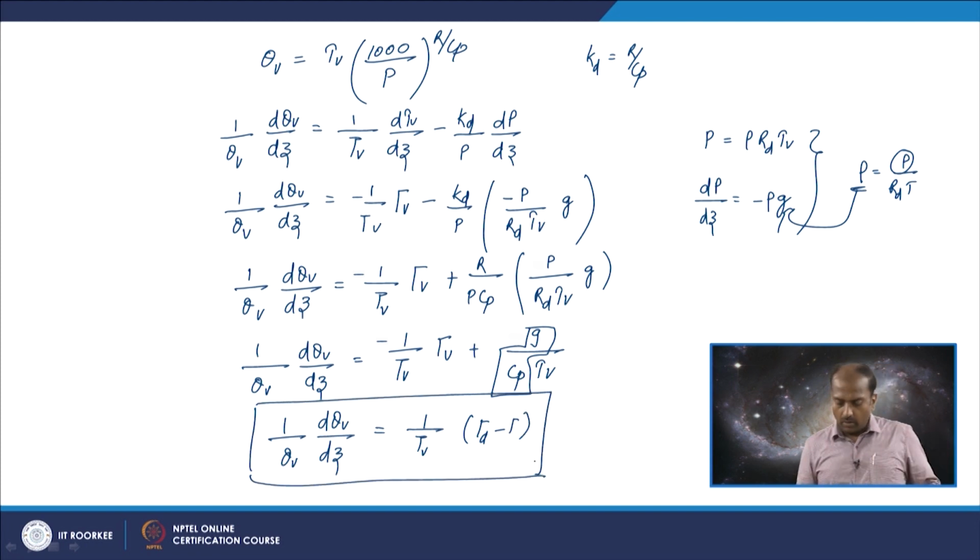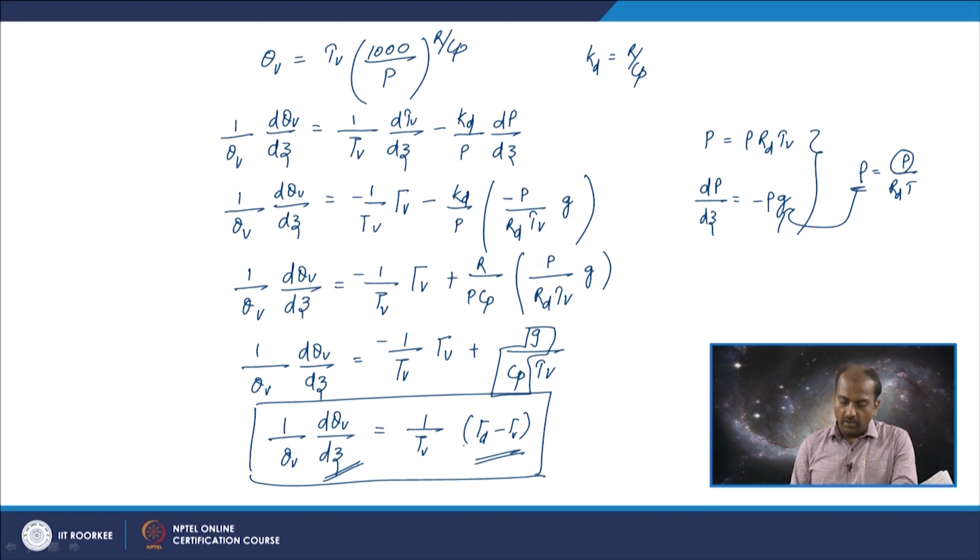So, now we have all the stability conditions defined in terms of the difference gamma d minus gamma v. We can use this difference to write our stability conditions in terms of the virtual potential temperature changing with respect to height.